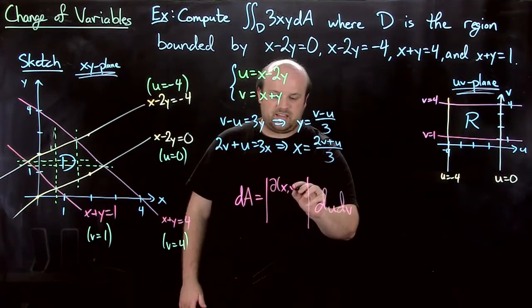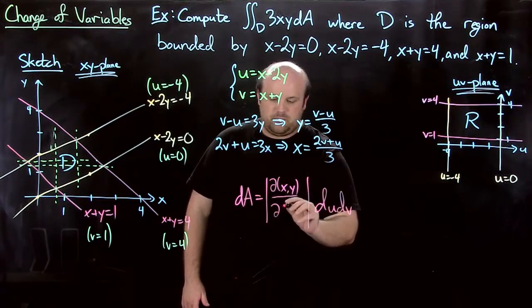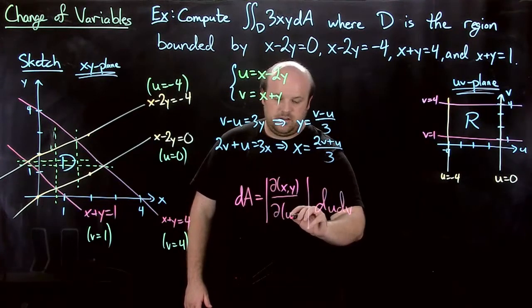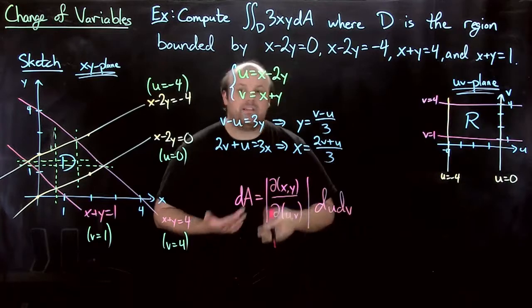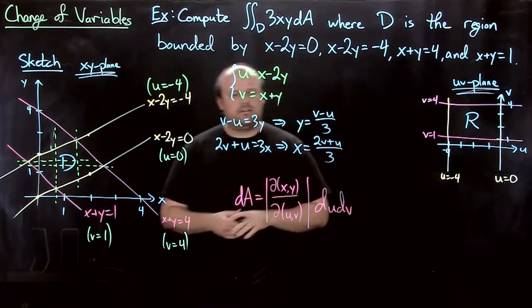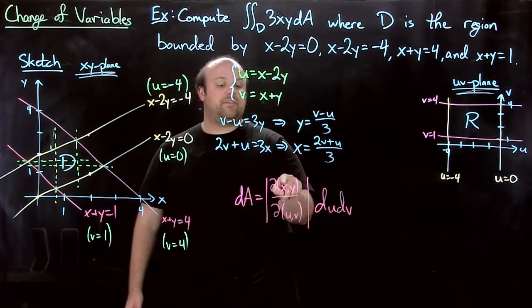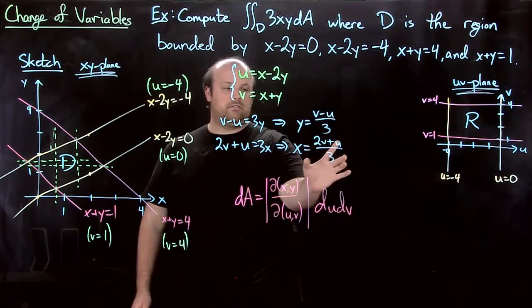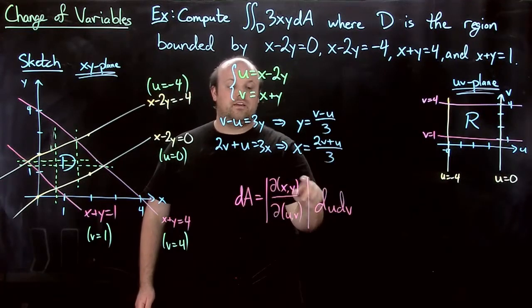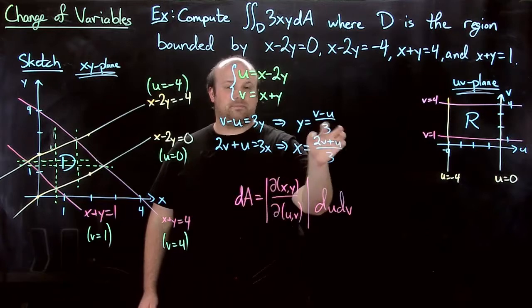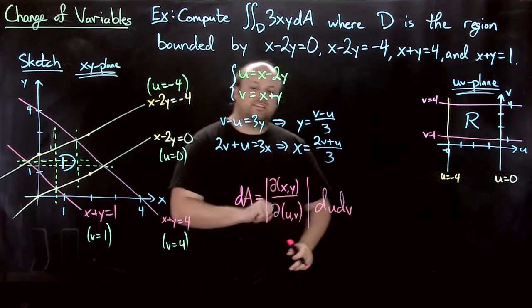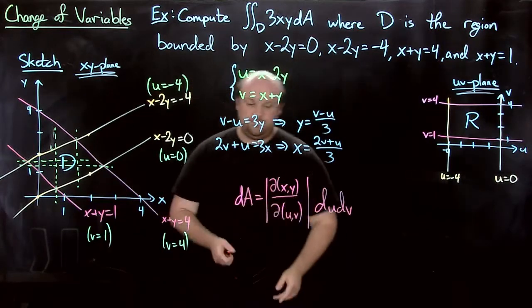So it looks like ∂(x,y) over ∂(u,v), right? So what is that kind of saying here? It's kind of saying take the derivative of x here with respect to u and v, and then of y with respect to u and v. So what is this guy here?